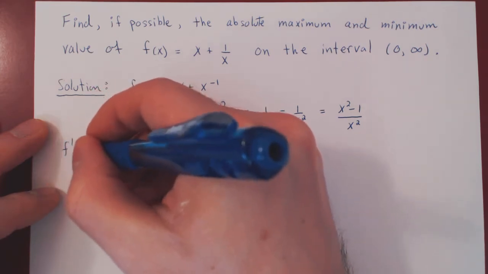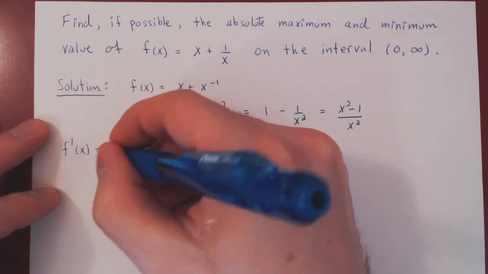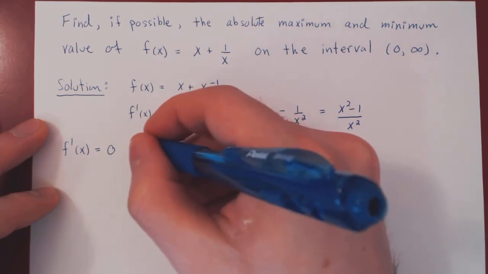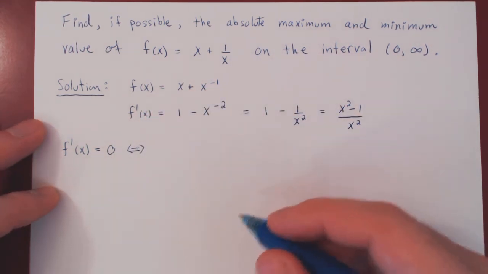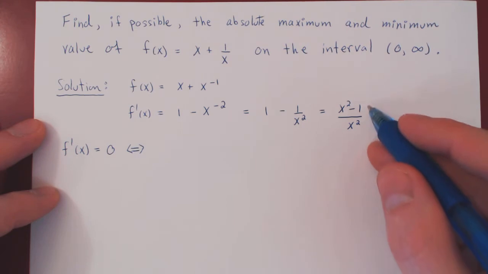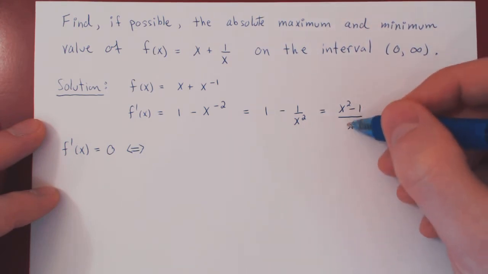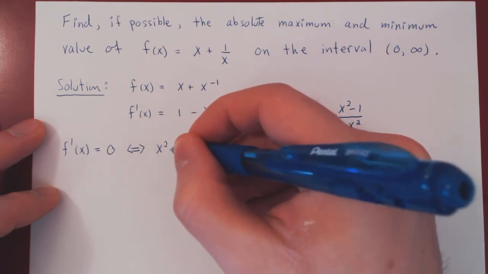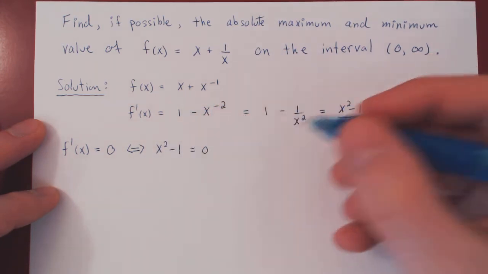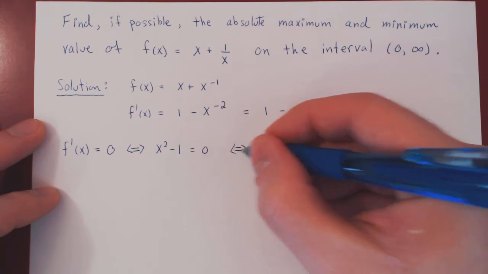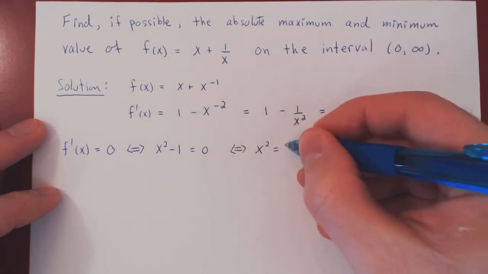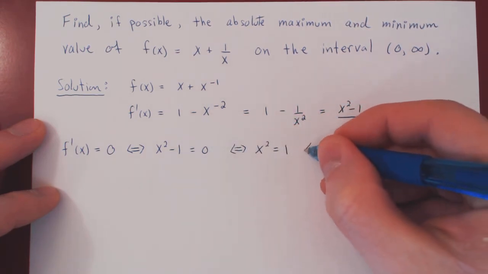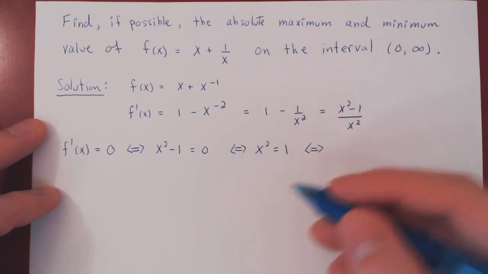Well, let's find our critical points. First, critical points where the derivative is equal to 0. As our derivative is a single fraction now, a fraction can only be 0 if the numerator is 0. So x squared minus 1 must be 0. Add 1 on both sides, so x squared is 1, and here there are two solutions.